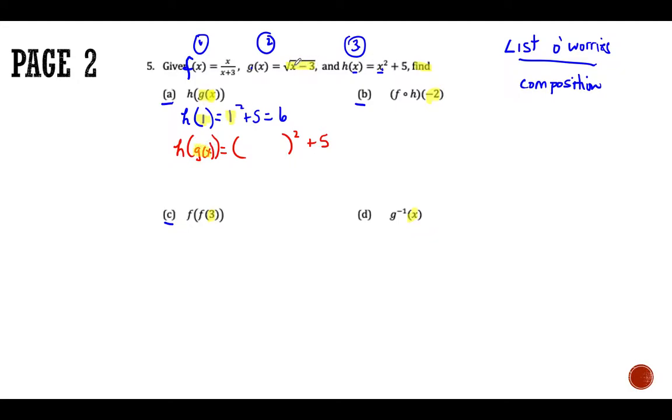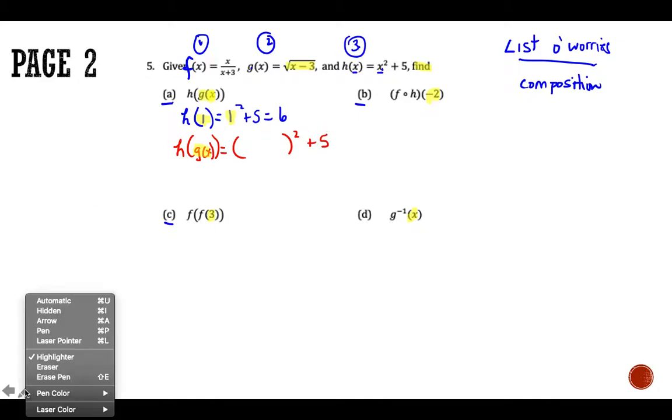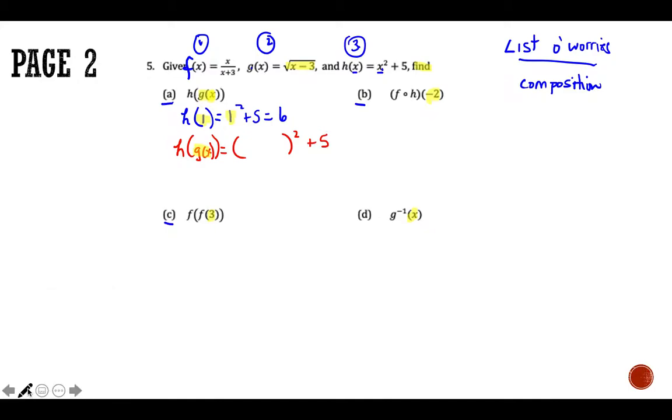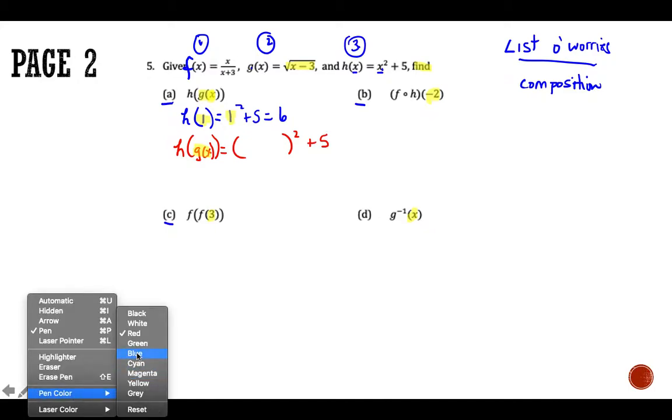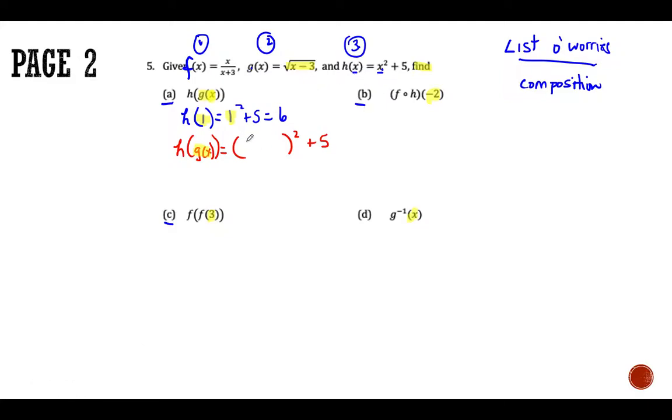There's g of x's other name. So in place of x, put g. And bam, you have just completed composition.